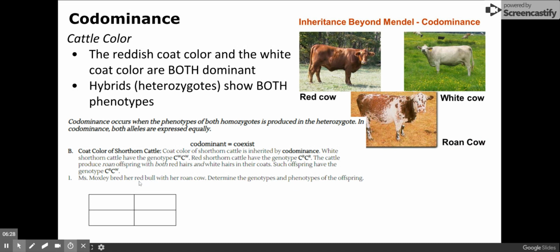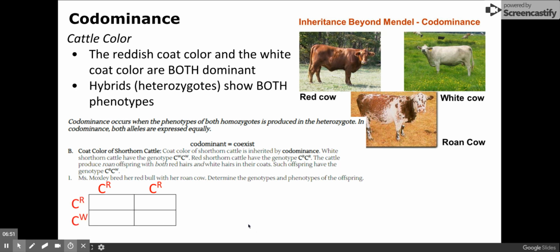So she's breeding a red bull. So let's fill in the red bull. Okay, so that red bull is going to have the C with a big R, C with a big R. It's going to be homozygous.